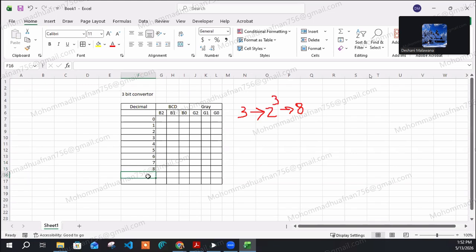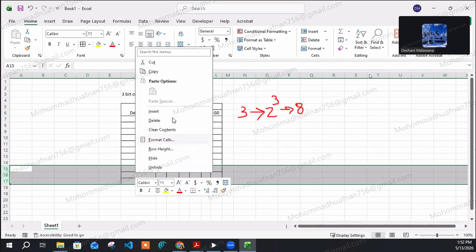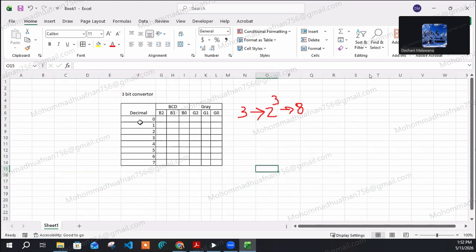Is that correct? 2 to the power 3 means 8, so I have to take only 8 numbers. 8 in the sense it should stop at 7, right? So I will remove these things. We don't need that part.